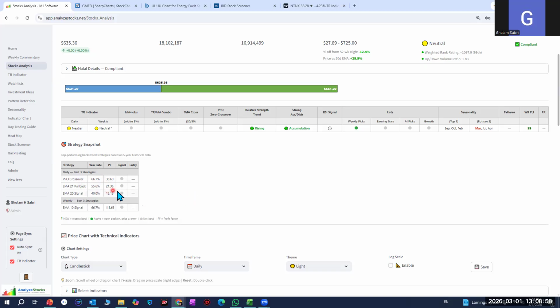It has some data available for daily strategies, but not for weekly strategies. And you see, it has beaten 99% of stocks in terms of gains. But one word of caution: historically, during the last 3 or 5 years, whatever data is available, this has been a weak month for tech stocks in general and for this particular stock.